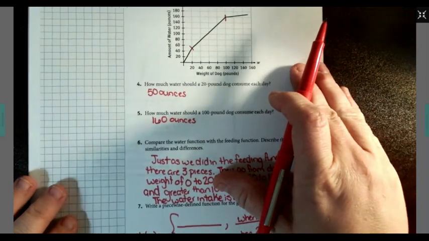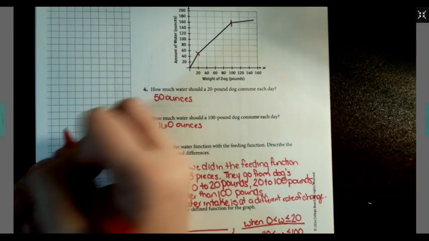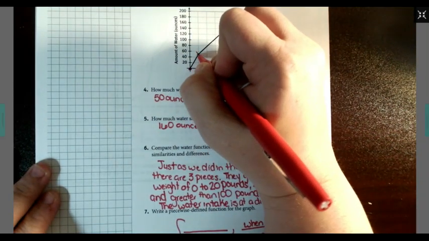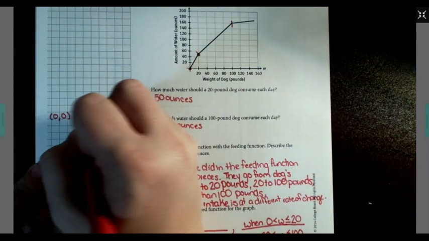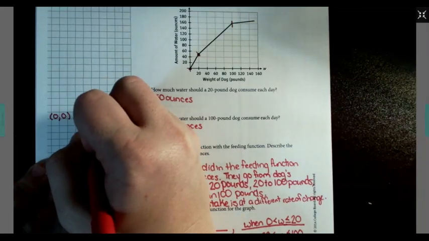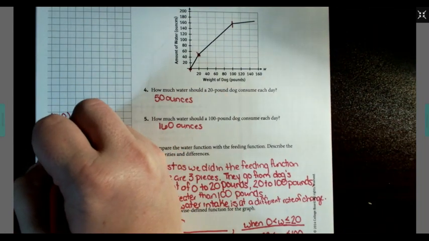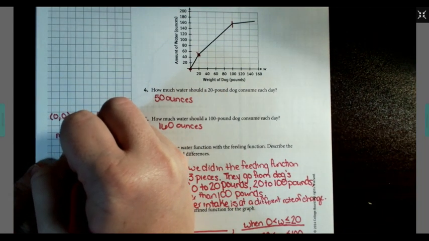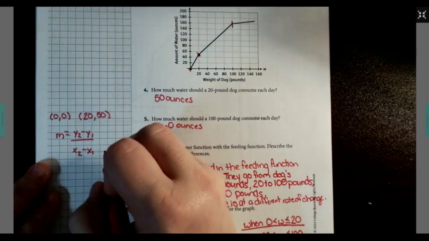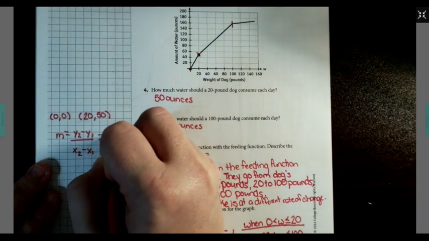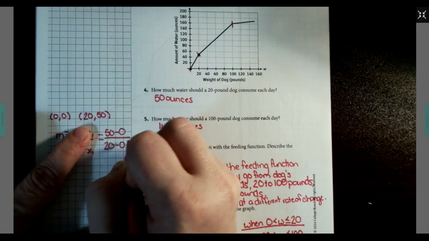First thing I want to do is I need to find some slopes here. I can identify 2 points on this first segment. We have the point 0, 0 and the point 20, 50. Remember that slope is y2 minus y1 over x2 minus x1. So that's going to be 50 minus 0 over 20 minus 0.